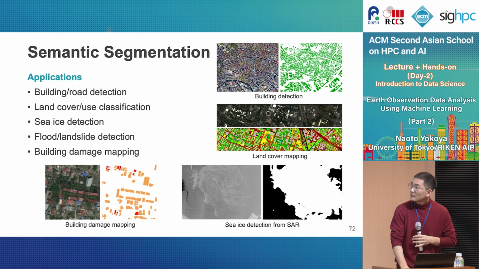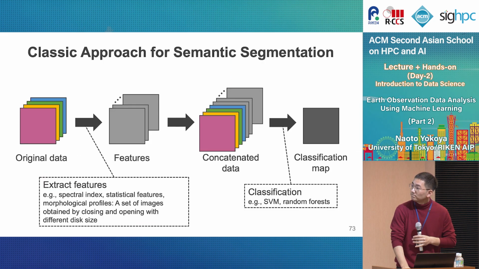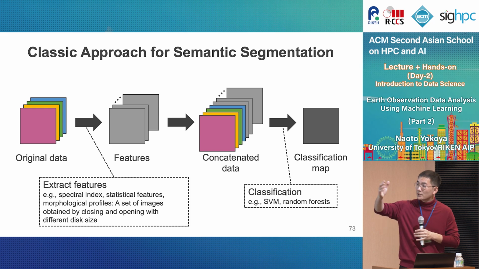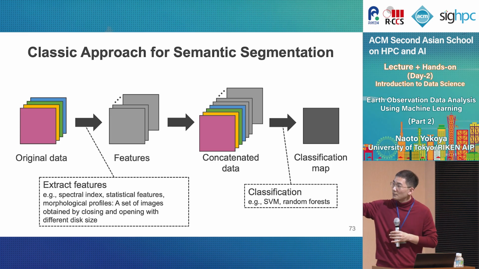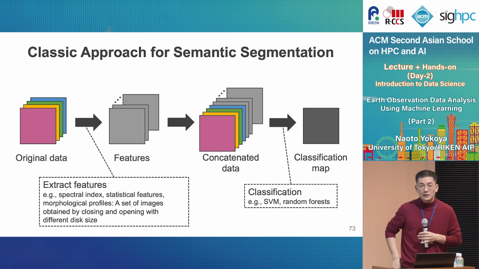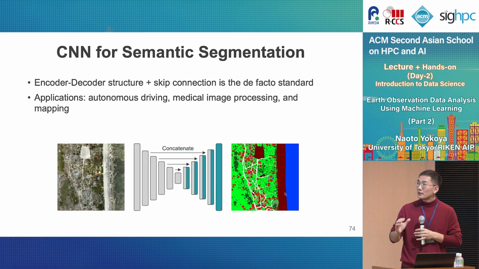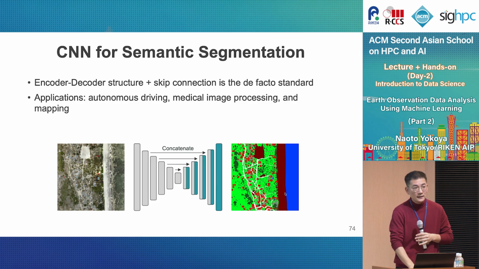But that is not that efficient. So the classic approach usually extracts features from the original data and performs classification on the stacked feature vector for every single pixel. Now this is very straightforward. And what we should do for CNN or similar to transformer.